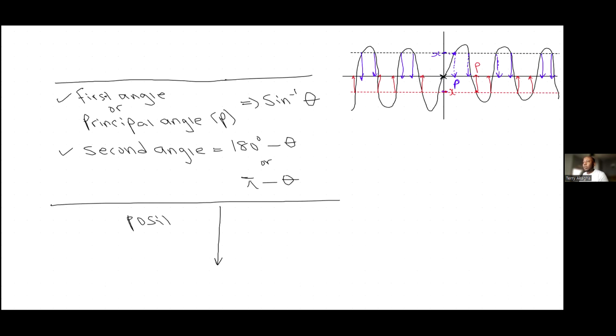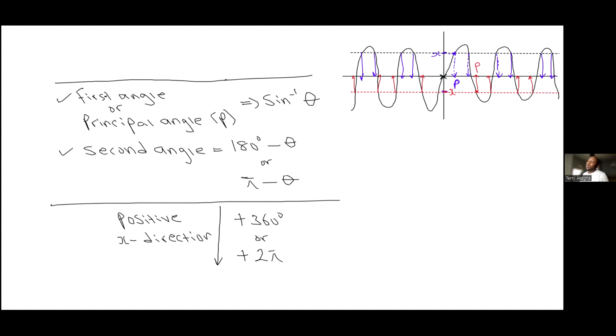So we're going in the positive x direction. If I go in the positive x direction, what you do, you keep on adding what? 360 degrees. Or if you are working in radians, you keep on adding 2 pi radians.